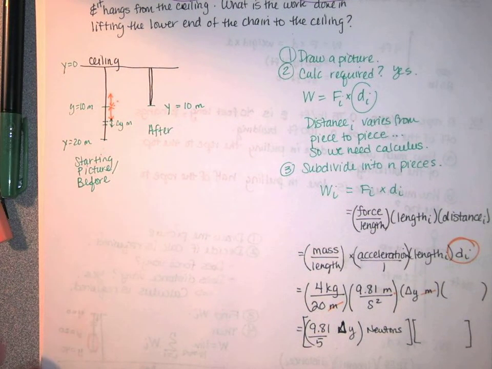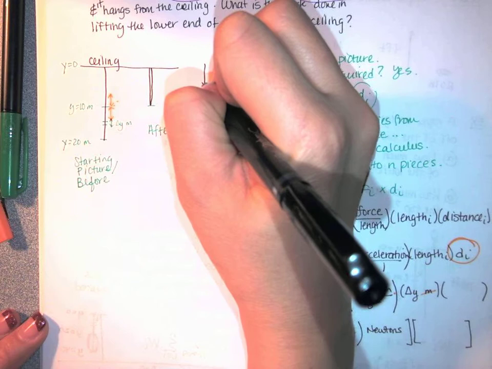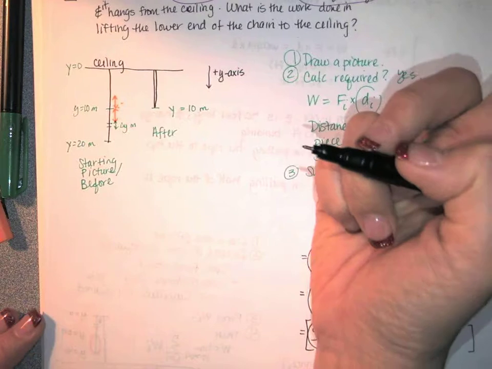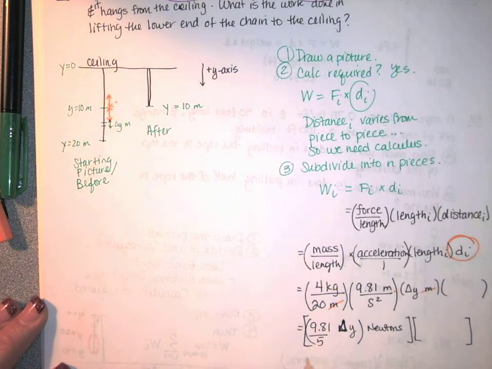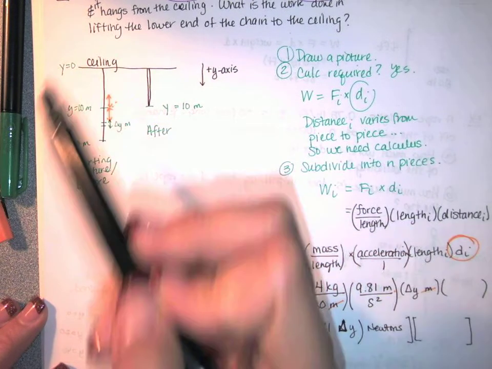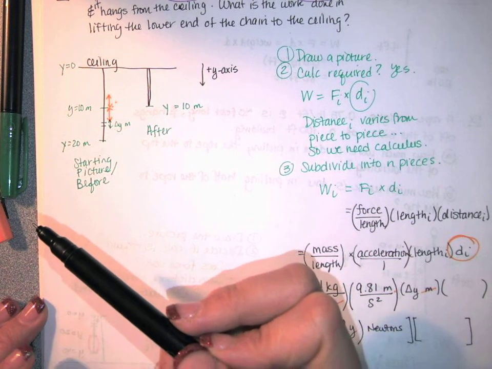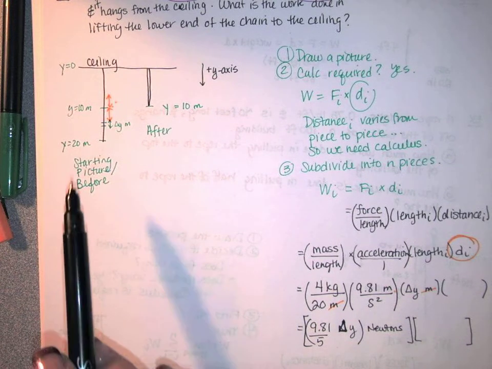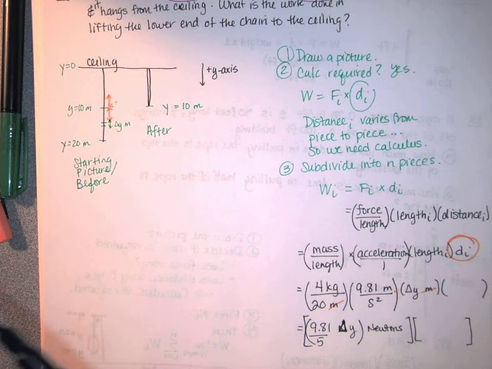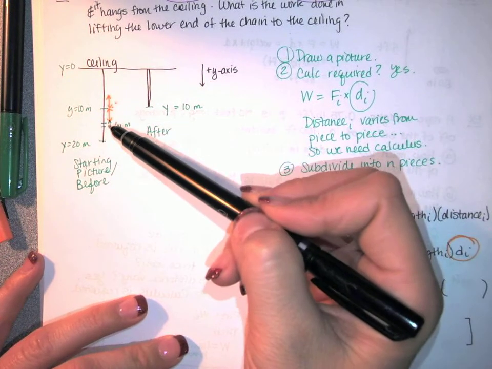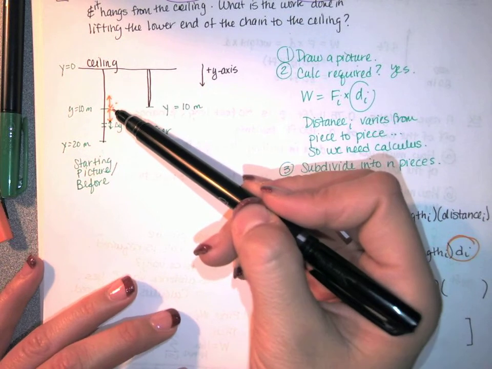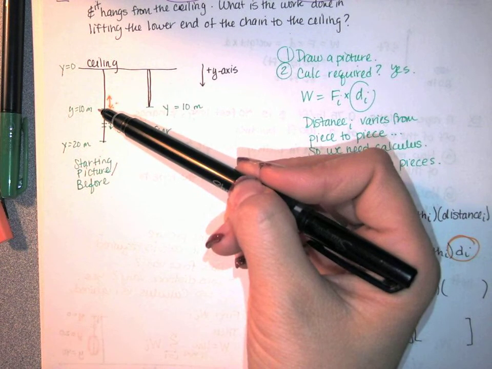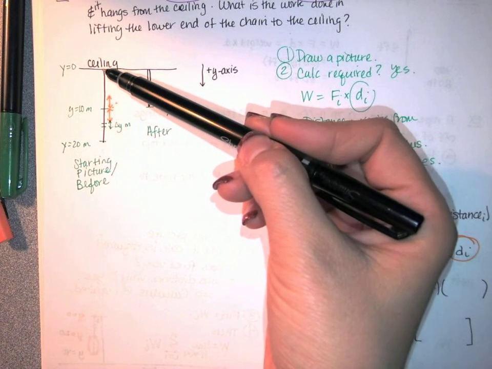Now be careful here. Everything is a little different than we're accustomed to because this is the positive y-axis. Y top minus y bottom doesn't quite work because of where I put y equals 0. If I put my y-axis in the same direction as usual, then we could do y top minus y bottom. But now when we take the larger y values and subtract the smaller ones, the larger y values are closer to the bottom, because y equals 20 is here, y equals 10 is there, y equals 0 is there.